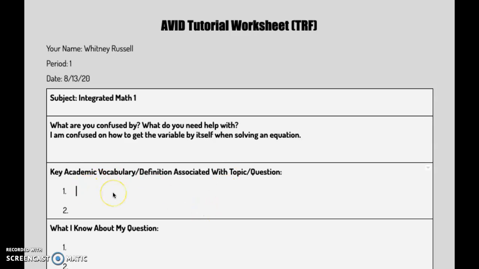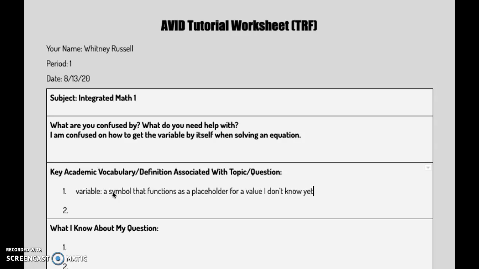I would have to write about key academic vocabulary that I know for this subject. So I know the definition of a variable. A variable is a symbol that functions as a placeholder for a value I don't know yet.